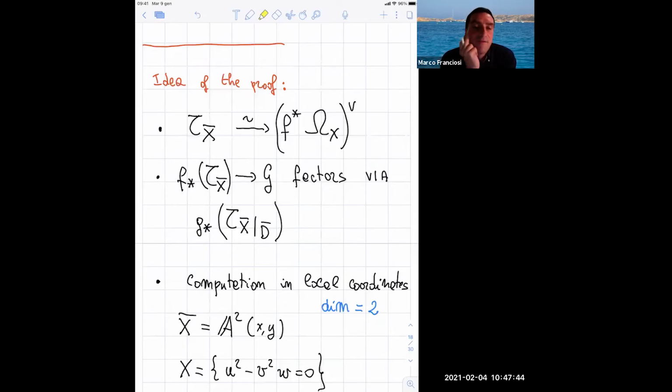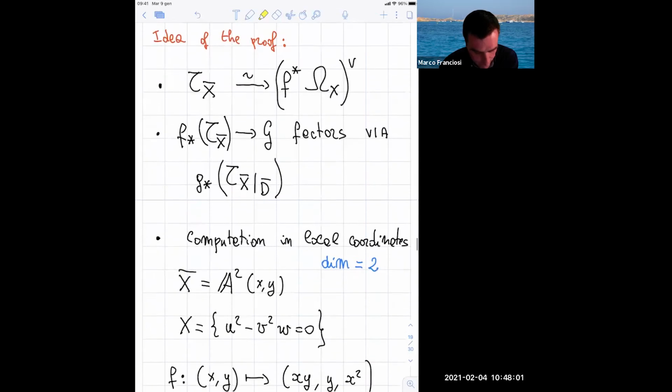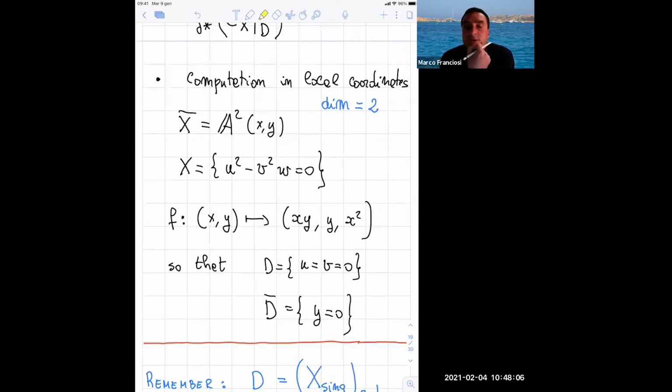Then we have that the map f lower star of T_X bar factors via g lower star of T_X bar restricted to D bar. And then we take local coordinates. For simplicity, I show you in dimension 2.